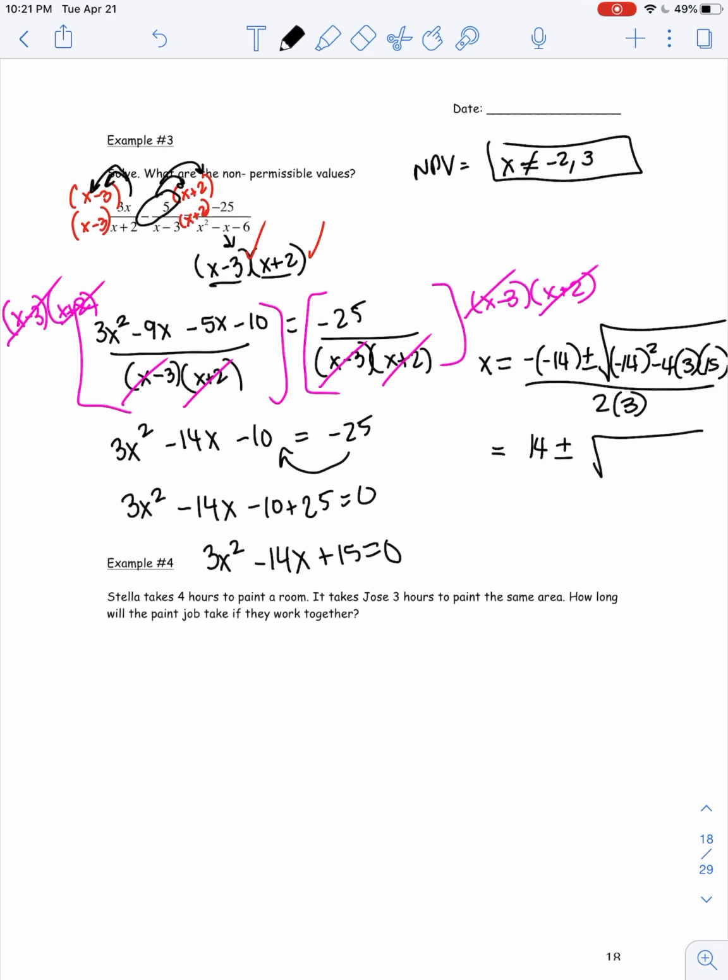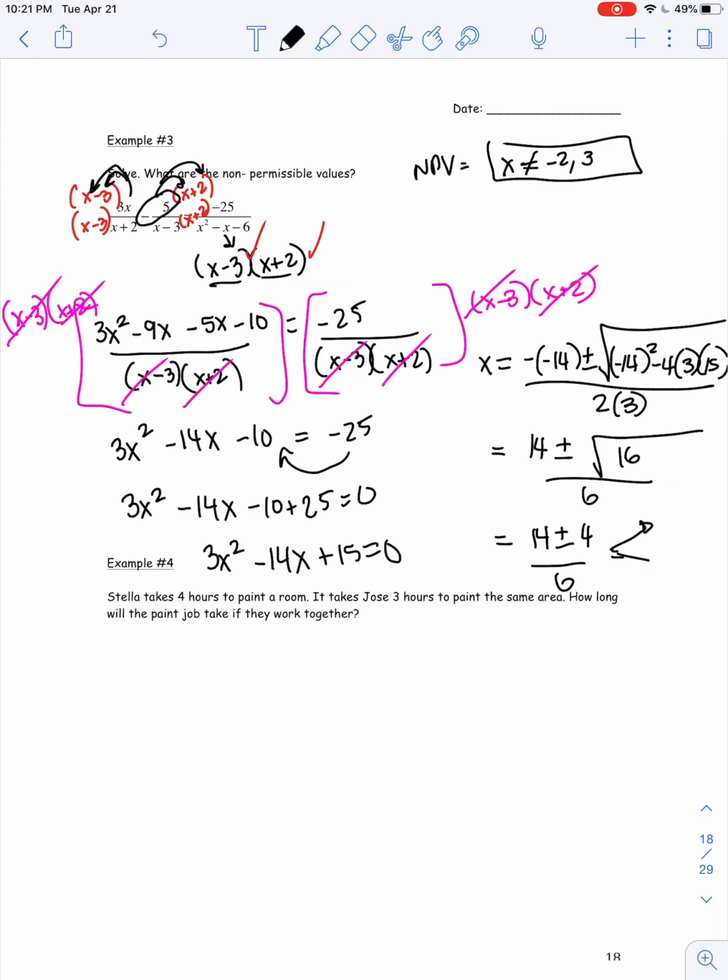And then we're going to put that into our calculator. So in brackets, you're going to put -14 squared minus 4 times 3 times 15. And you should get 16 underneath the square root, over 6. So that's going to be 14 plus minus 4, because the square root of 16 is 4. Divide that by 6.